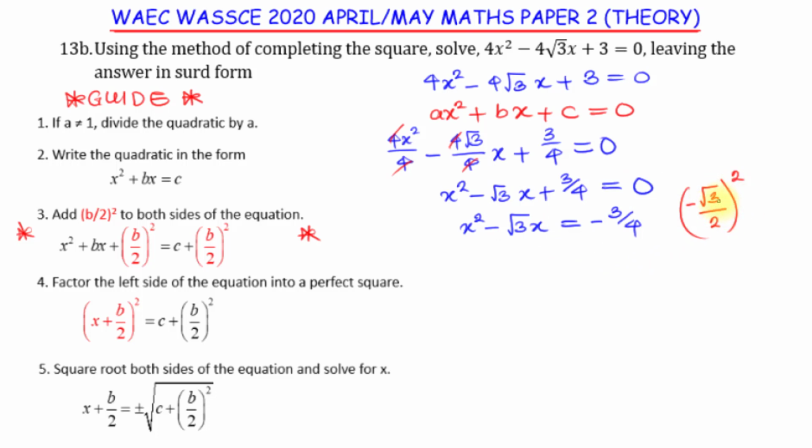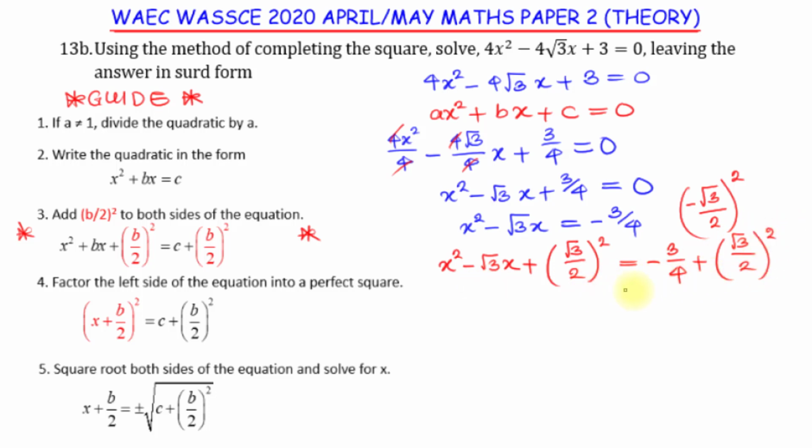This is the most critical step where students generally make mistakes, so we should take note of it. We have x squared minus root 3x plus, now when you have a negative number raised to power 2, the negative becomes positive because the negative number multiplies itself, so it is the same as saying root 3 over 2 all squared, is equal to minus 3 over 4 plus root 3 over 2 all squared.